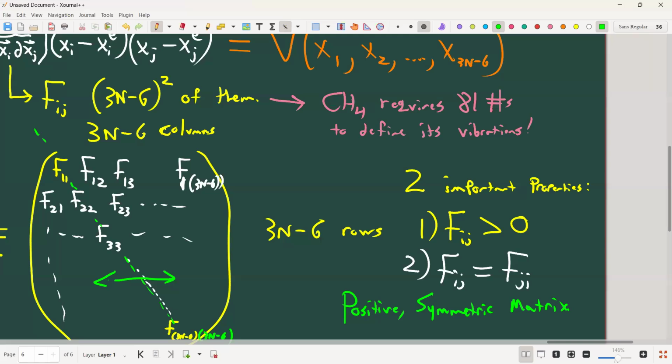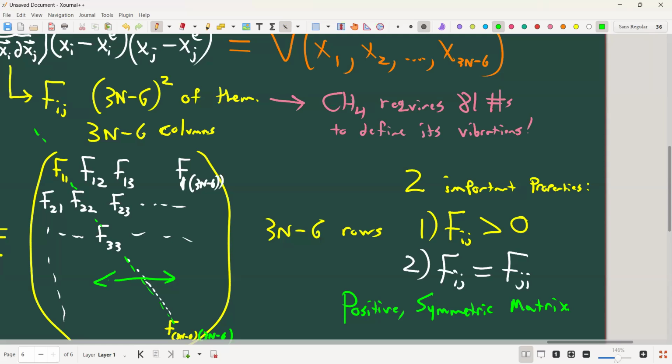There are 3n minus 6 unique values here. And then there's all this junk on the side that's mirrored twice over. So it's double counted. We can figure out how many unique numbers there are. It's not that hard to do. But there's a property of matrices that are positive, symmetric, and square. That's another important thing. It's a square matrix.